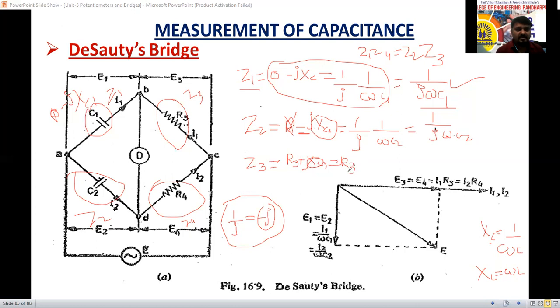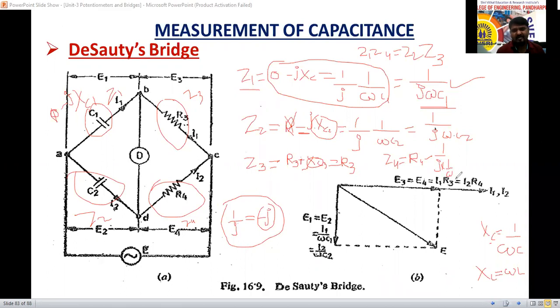Then roll number 10, can you tell me the Z4 formula? Yes, sir. Z4 is equal to R4 minus 1 upon j into 1 upon omega R4.